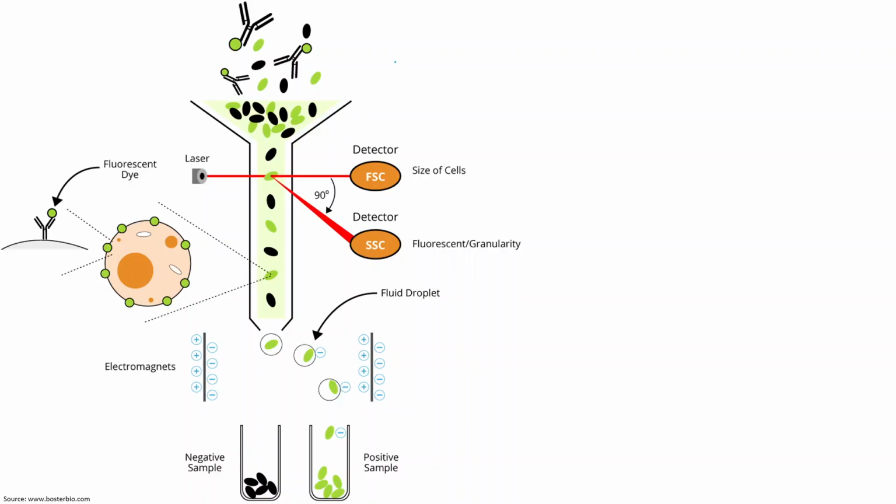Now the next technique is FACS, or fluorescence assisted cell sorting. Basically, there are two different kinds of cell sorting used. One is FACS, which is fluorescence based. Another is MACS, which is magnetic based.